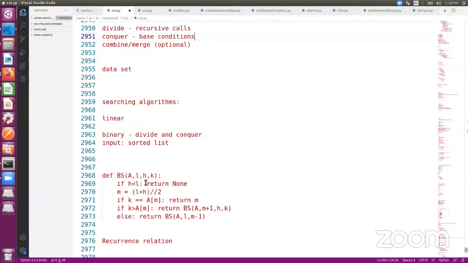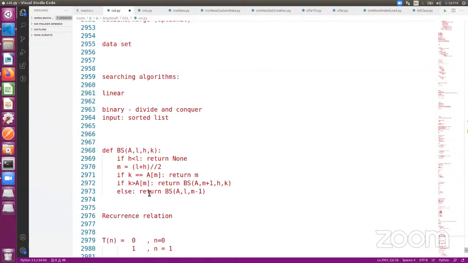Understood? So by seeing the algorithm itself, we can tell which is the divide step and which is the conquer step.